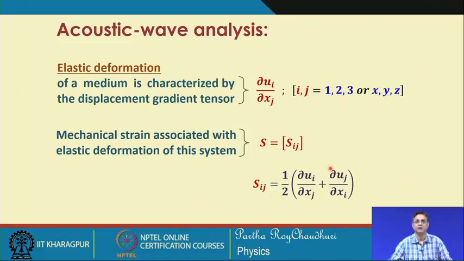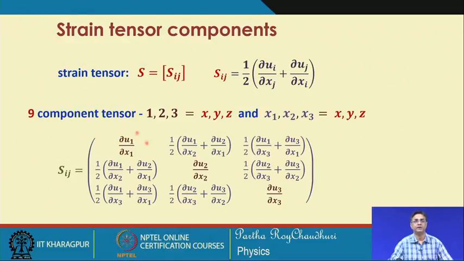This creates the 9-component deformation strain matrix. So, the strain tensor, written explicitly with all the components, can again be written as del u_1 del x_1 plus del u_1 del x_1, half of that. So, that is put together, it gives you this.